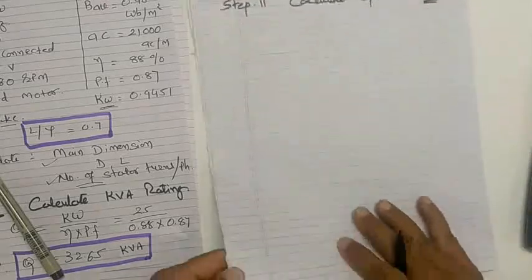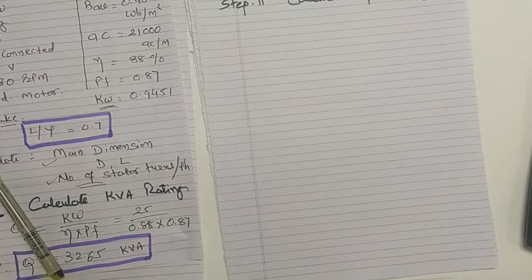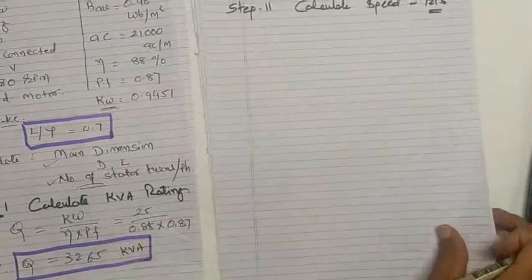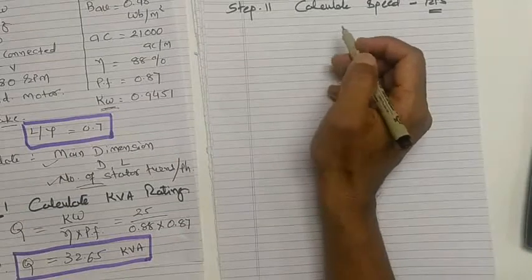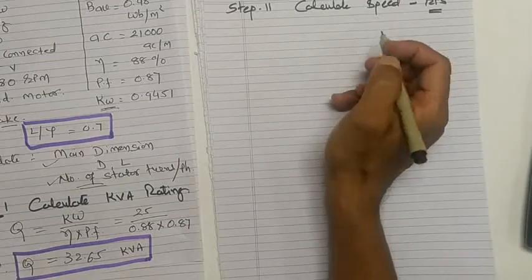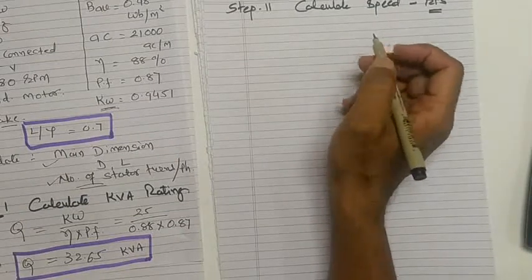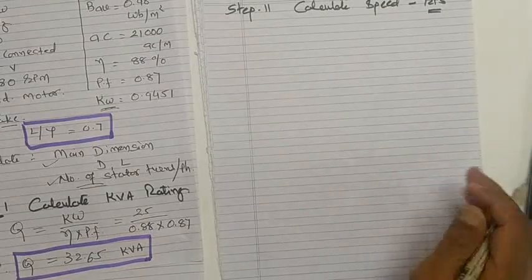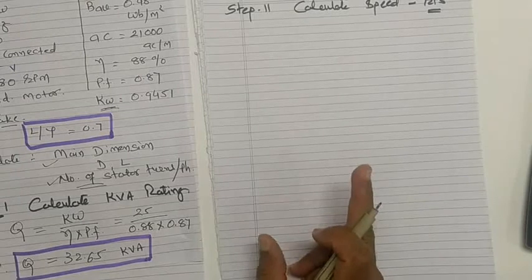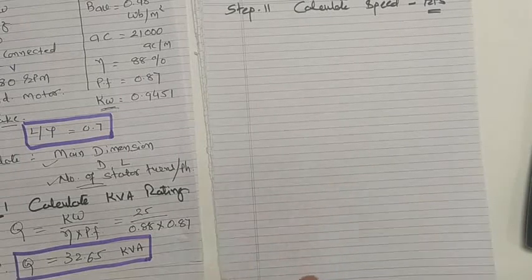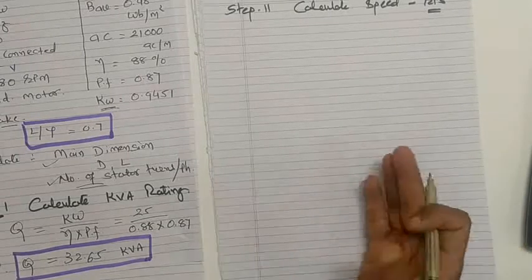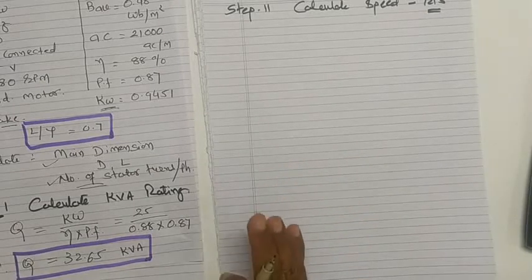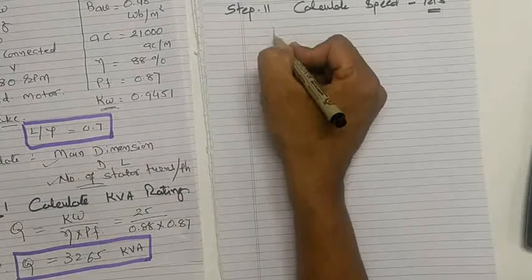In our output equation we require speed in RPS. In earlier lecture also I had said that we require synchronous speed in case of induction motor. Again I repeat, we require synchronous speed whether it is in RPM or RPS.